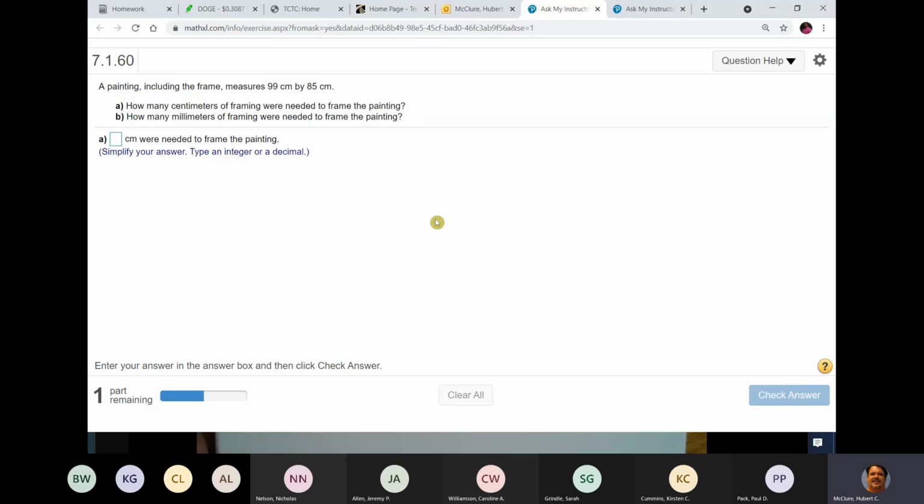How many centimeters of framing were needed to frame the painting? Well, that's perimeter. Part B: how many millimeters of framing? So you want perimeter in centimeters, and you want it in millimeters.